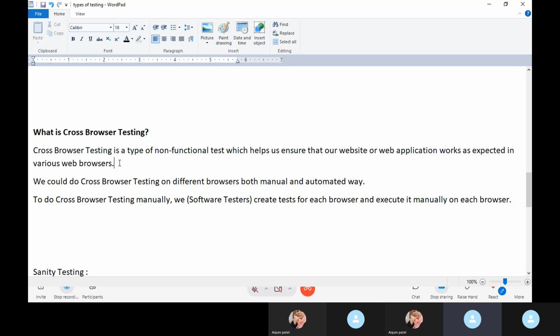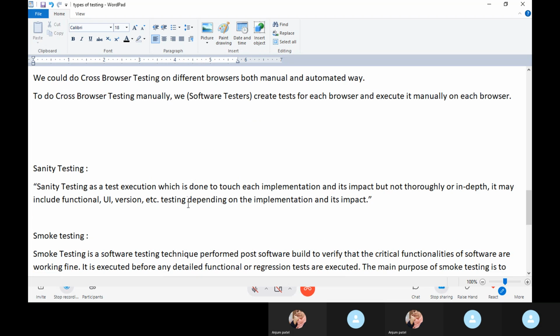All testing you cannot do. Next one is sanity testing. Sanity testing is a test execution done to test the implementation and its impact, but not thoroughly or in depth. That means very high level testing comes under sanity testing.